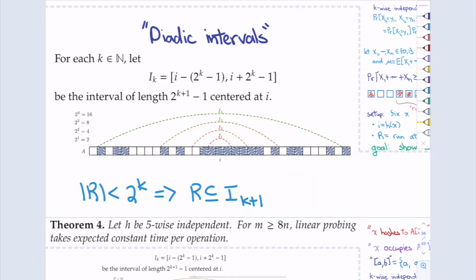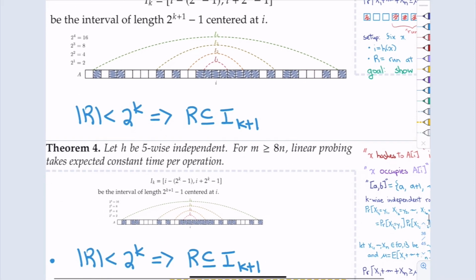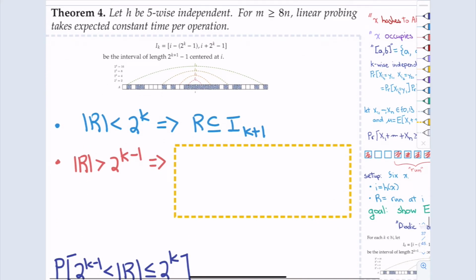But never mind. It'll fit in I sub k plus 1 if it has length at most 2 to the k. We're gradually setting this up, it might feel clumsy, but remember, we're starting from nothing. So if the run has at most 2 to the k, I know that the run fits in this k plus 1 dyadic interval.